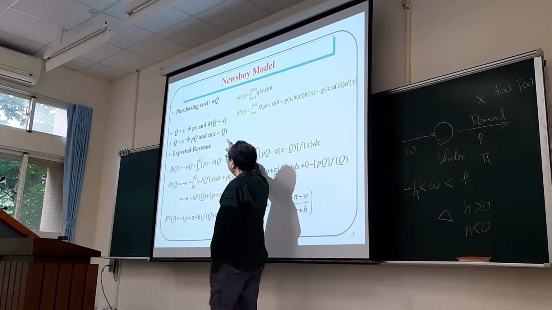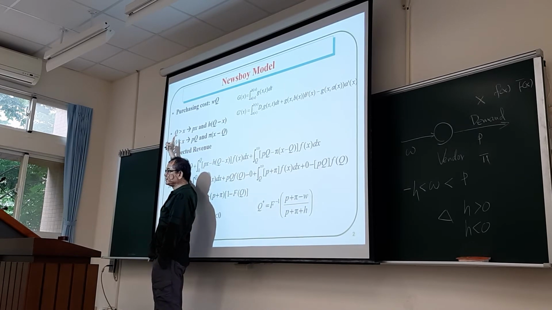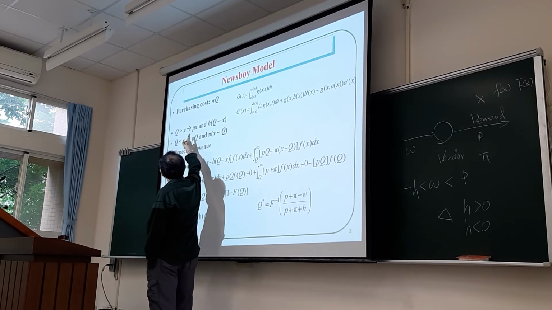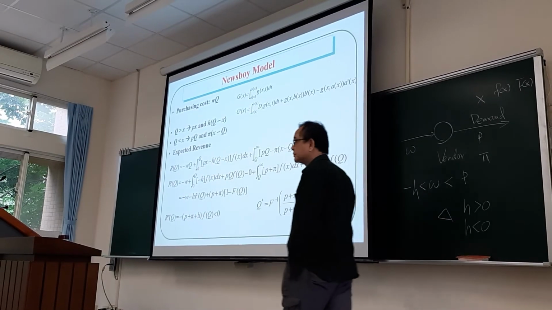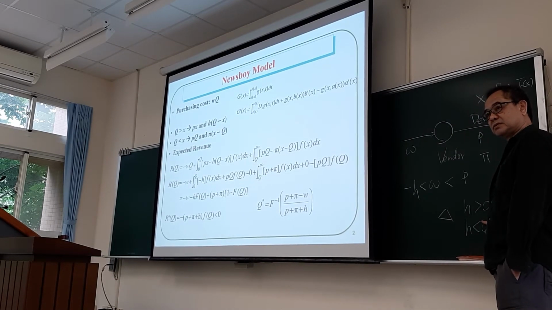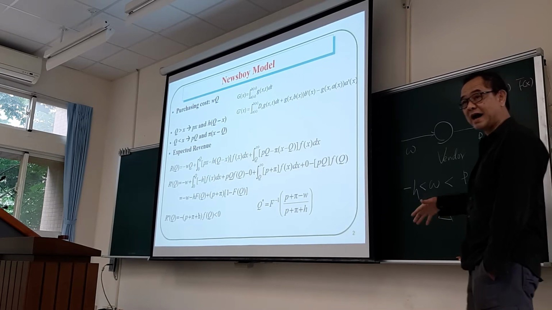X represents the demand. So if we buy more than demand, we will suffer what? Residual cost, right? Since we buy more than demand.